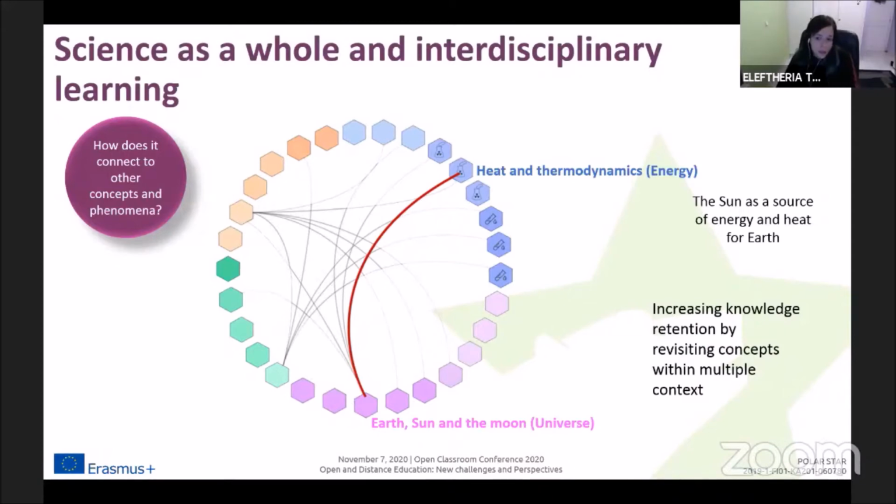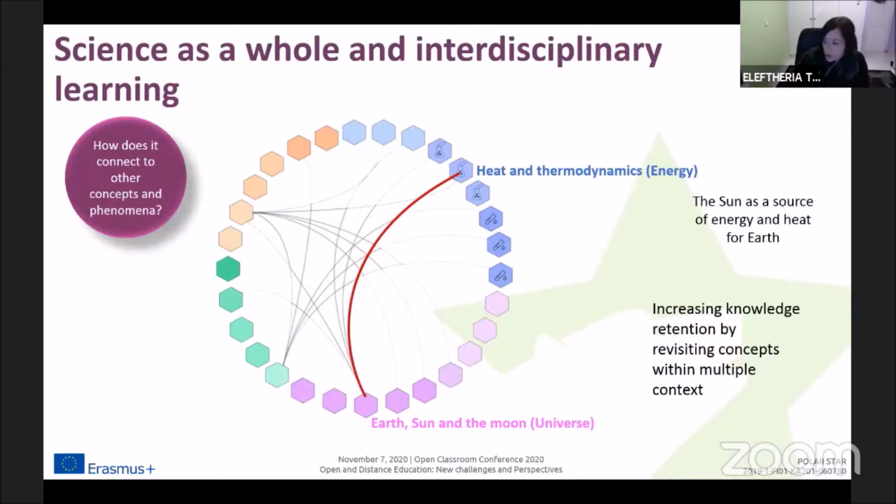If you make a connection there and you revisit and you talk about the sun again and how the sun is the source of energy and of heat for Earth, then you're revisiting that concept and you're talking not just about the motion and the place of the sun in the universe related to the Earth, but also what the sun means to us as a source of life. So we're trying to make all these connections so we're able to see the same concept within different contexts.